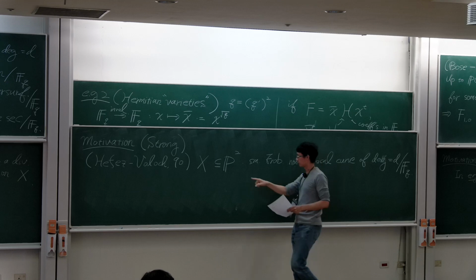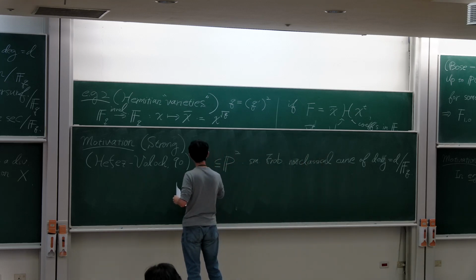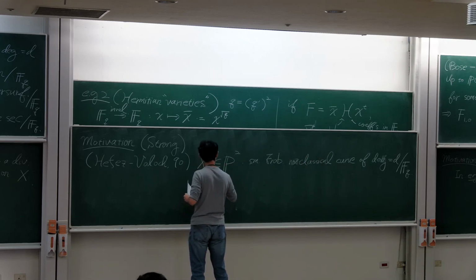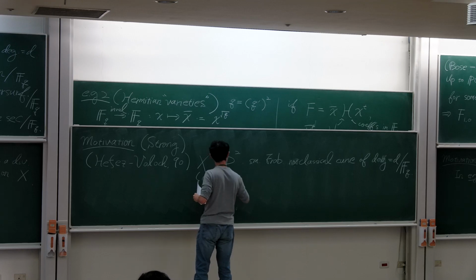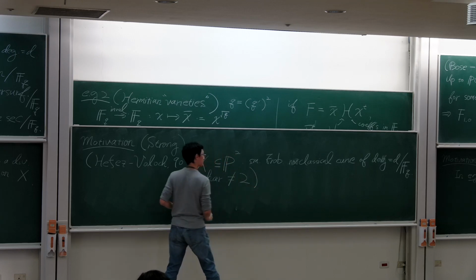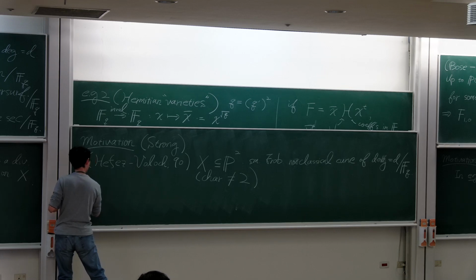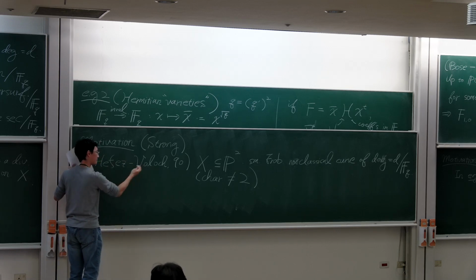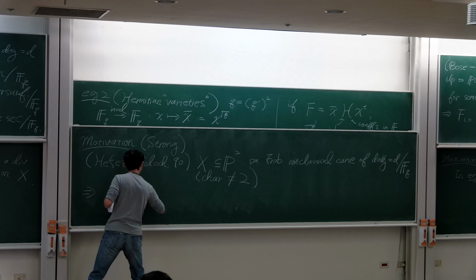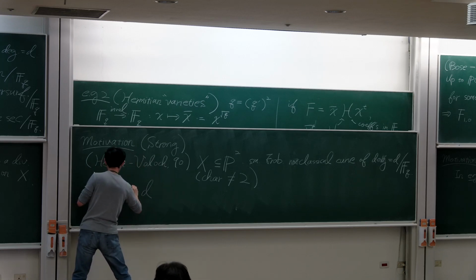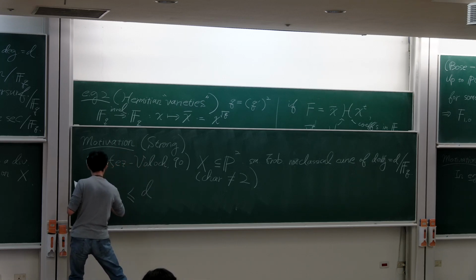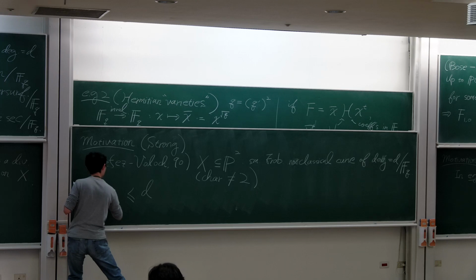In their result, you need to assume the characteristic is not 2. Then they have a degree bound, a lower bound and an upper bound for the possible degree of such a curve.